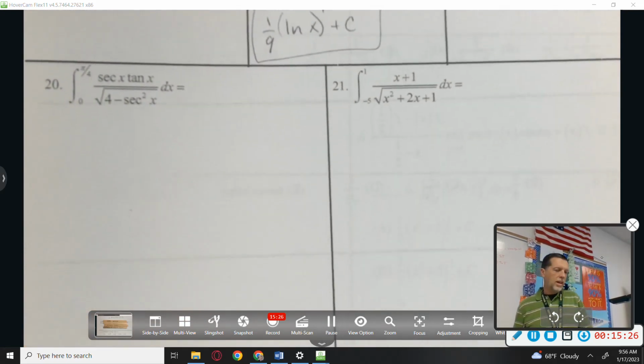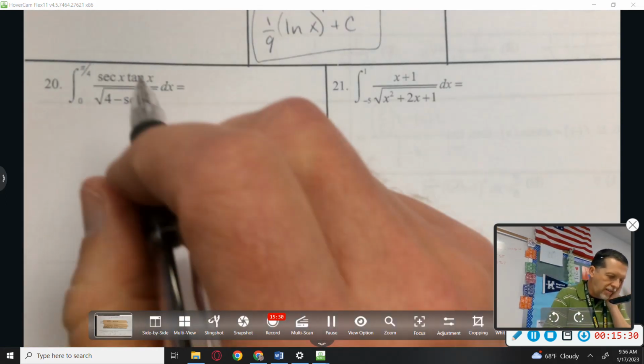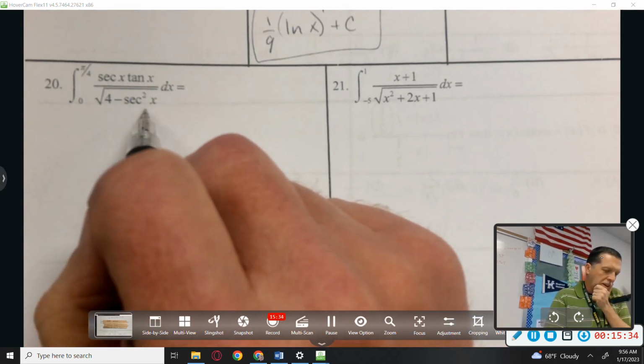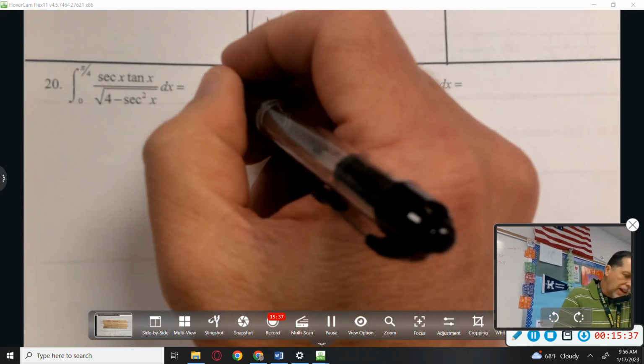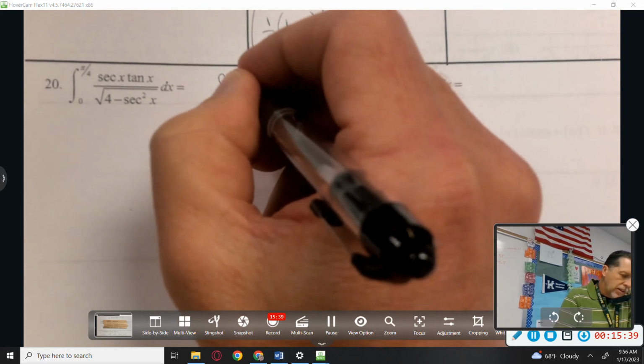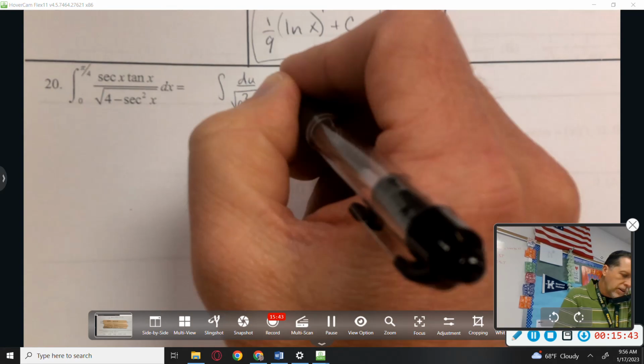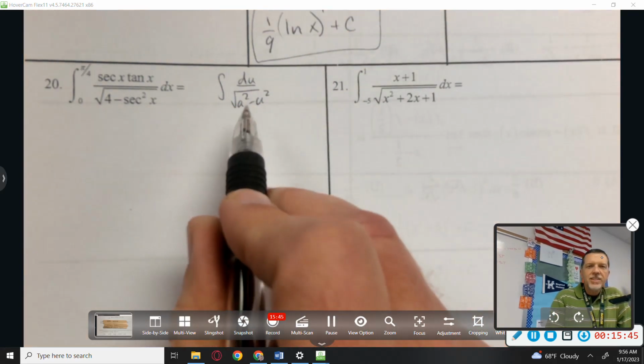Number 20. Yuck. Except that the numerator looks ugly, but the denominator looks a little bit like the antiderivative of du over the square root of a squared minus u squared. That's arc sine.